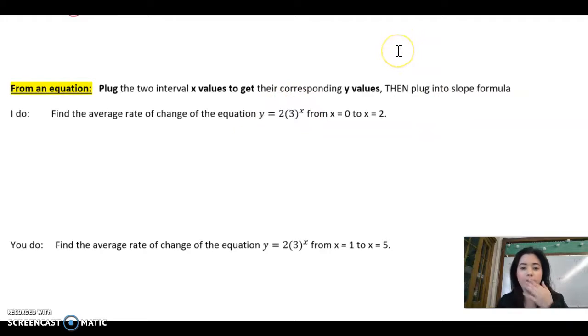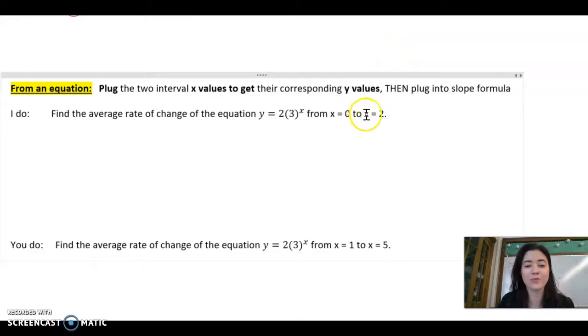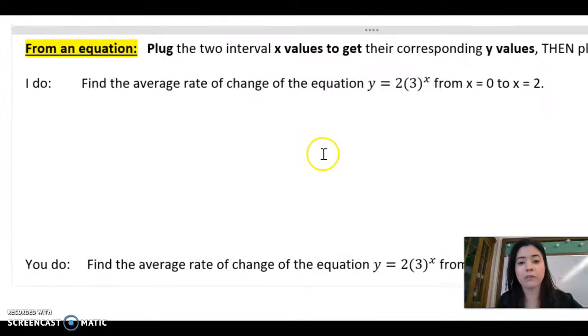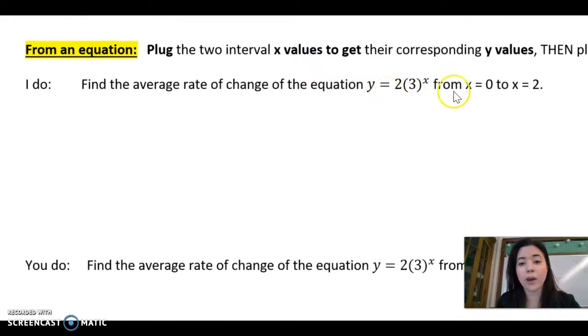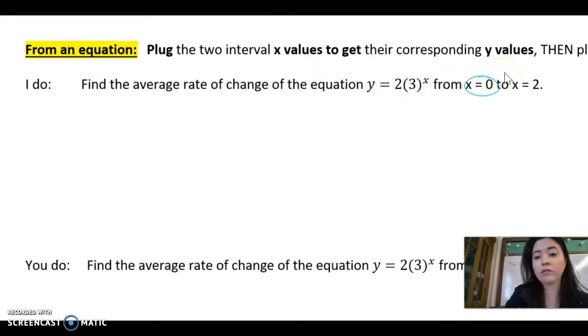You have to use your x values and plug them into your equation to find y, and then create your formula all filled out. So I have an equation and I have an x value. So I'm going to plug it in and I'm going to get out my y value.